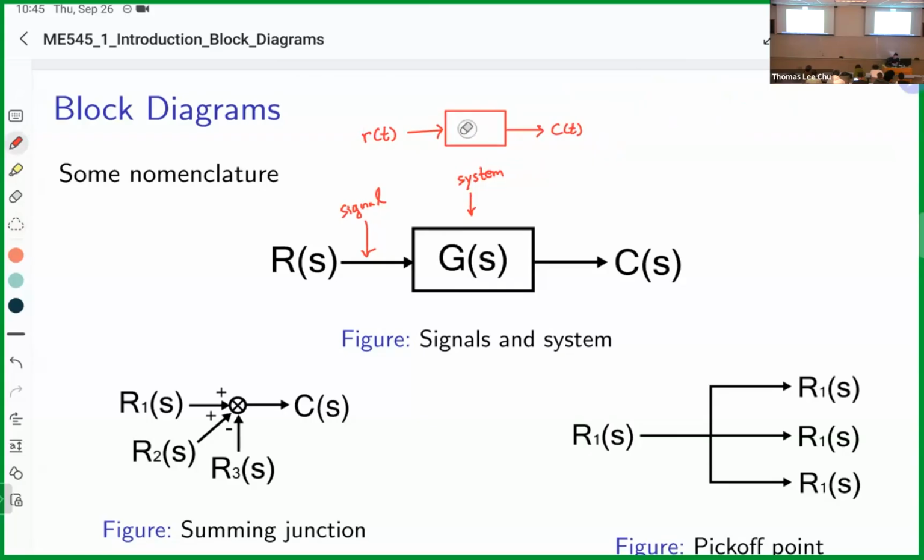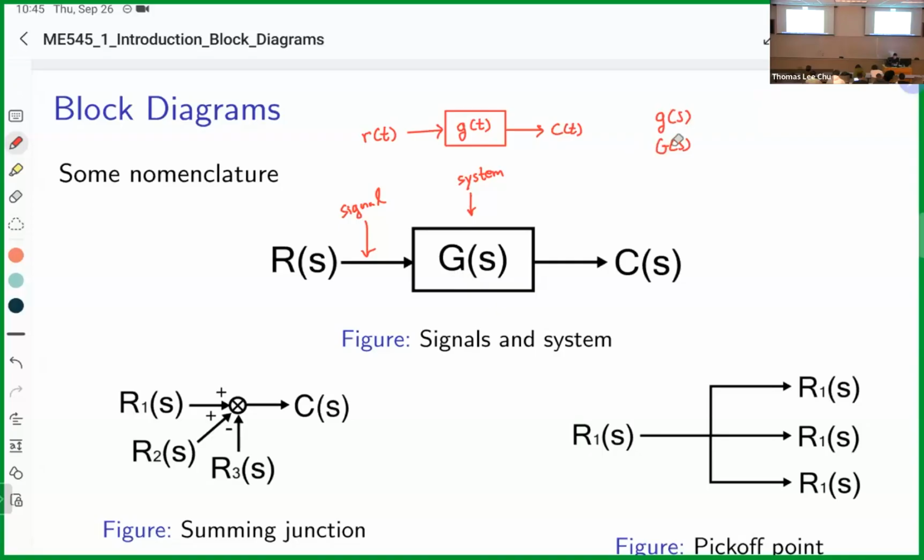So for consistency, it might be easier if I write G of T. One other thing in this textbook in particular is that when something's in the frequency domain, they like to use uppercase, while lowercase is for time domain stuff. But if I write G of S or G of S, they're both in the frequency domain. So just use context.